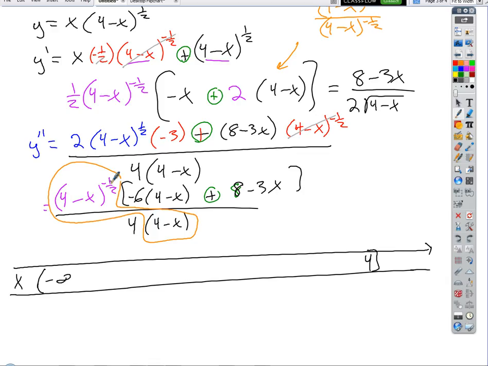So then on the bottom, we'll end up with 4 times the quantity 4 minus x to the 3/2. And on the top, we just get what we get. So we're going to have here 6x plus -3x, which looks like 3x. -24 plus 8 is -16.